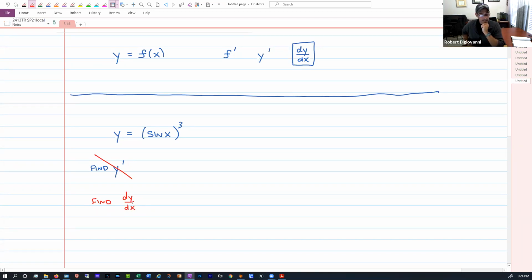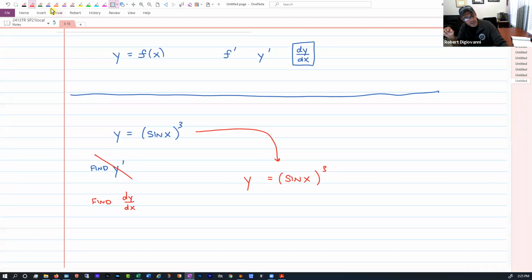When I write that down, here's the new way of looking at things. You're going to take this equation and differentiate both sides of the equation with respect to x. What I mean by that is this.